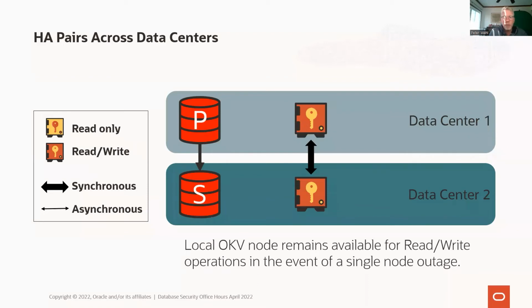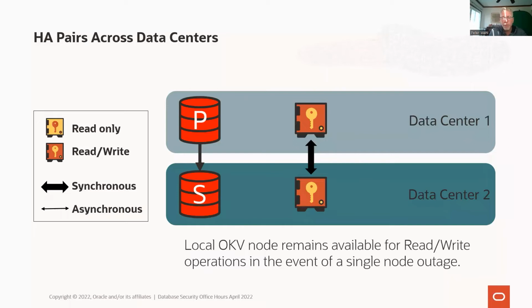So this is a short build. As I said, we can deploy OKV as a cluster. Each cluster consists of up to 8 read-write pairs. And here we have one read-write pair that is stretched across data centers.